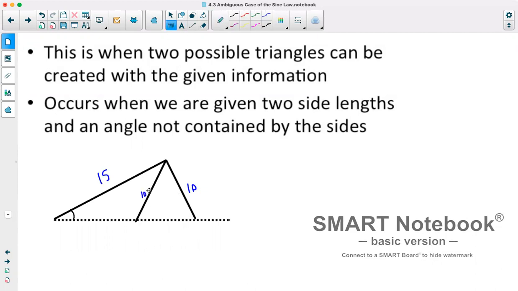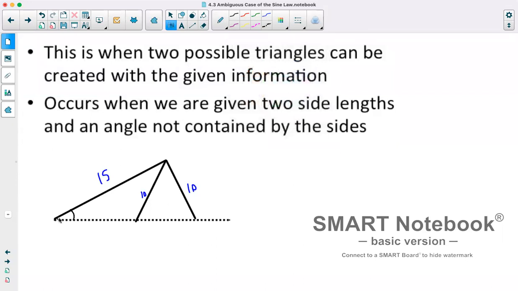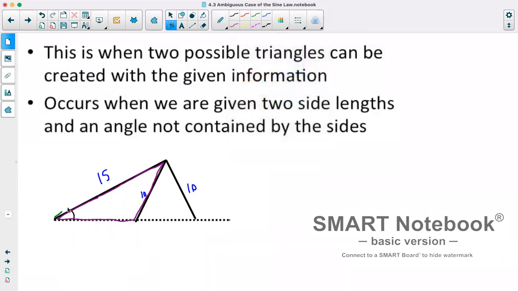So we actually have two possible different triangles: either this triangle that I'm doing in purple, or this one that I'm doing in green.